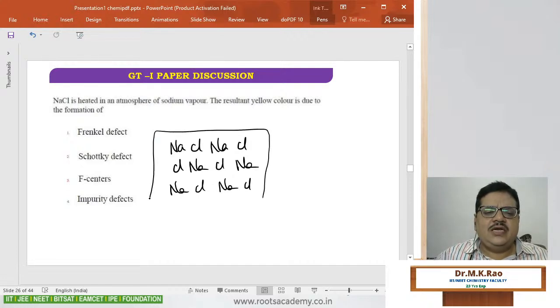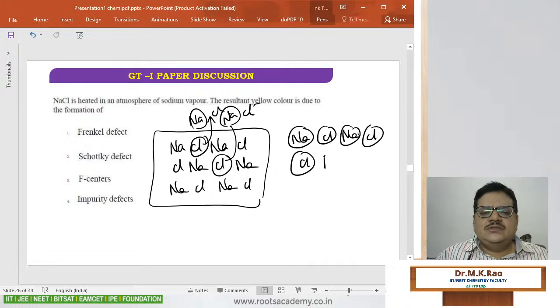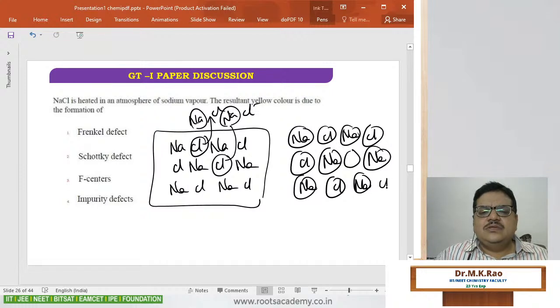On strongly heating with sodium vapor, this chlorine will come out, creating a vacancy between sodium and chlorine ions.